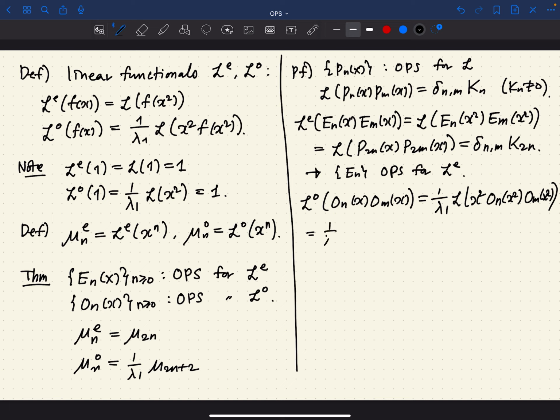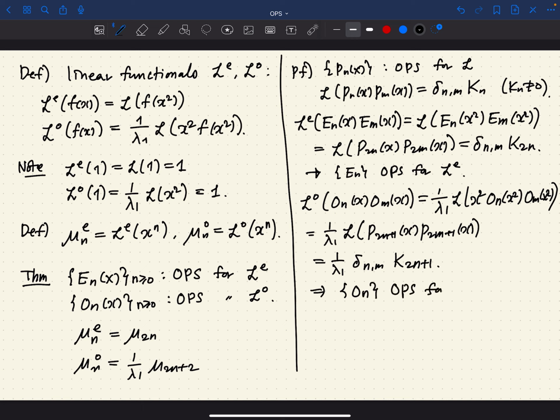So this is going to be equal to L of P2n plus 1 P2m plus 1. But then this is 1 over lambda 1 delta nm k2n plus 1. Again, this is linear, and this shows that this is an OPS for L of O.